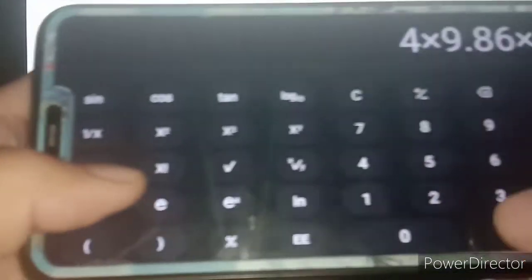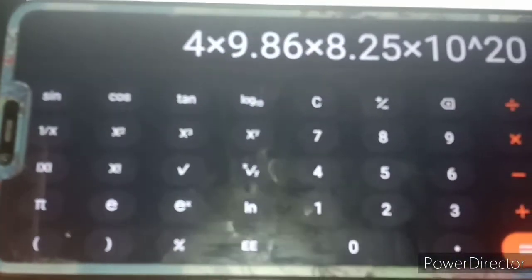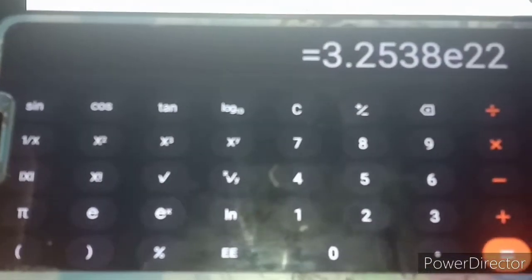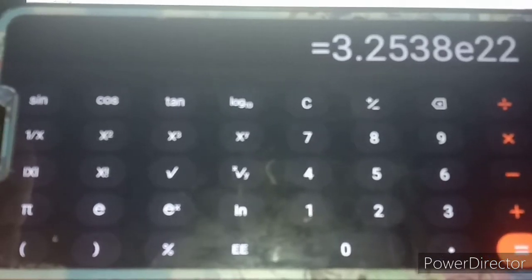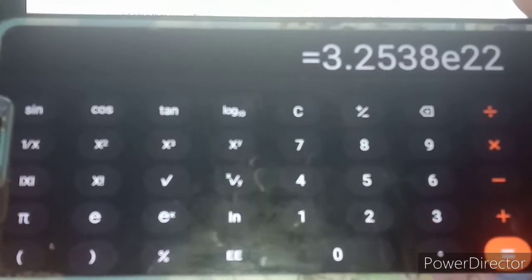So, we have 8.25 times 10 raised to 20. So the answer is 3.2538, and then our exponent will be 22. So we have 3.25 times 10 raised to 22.